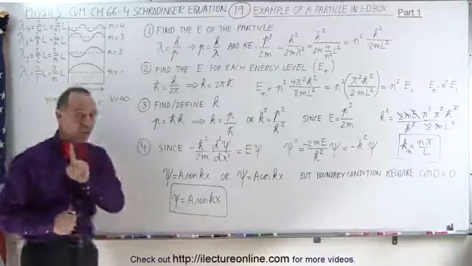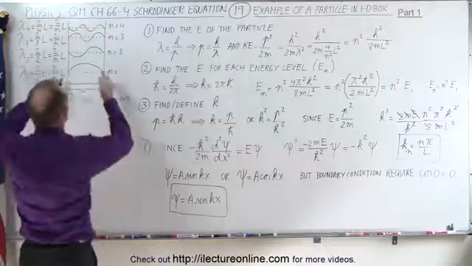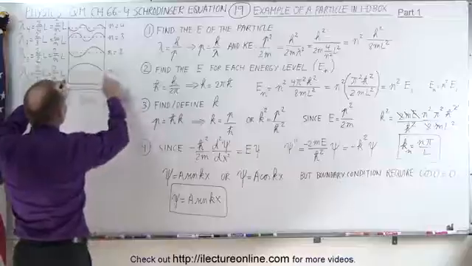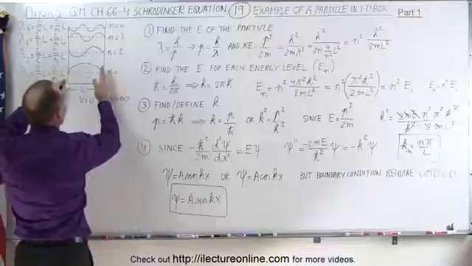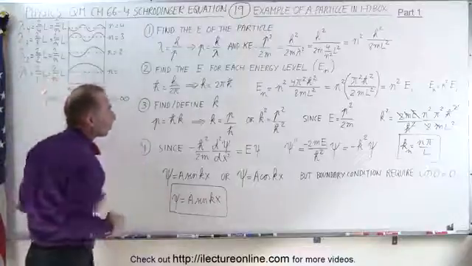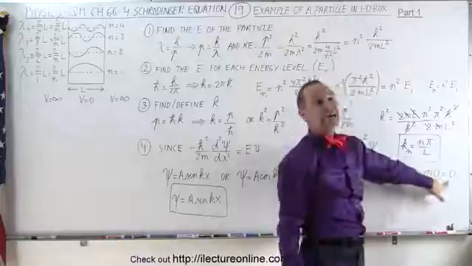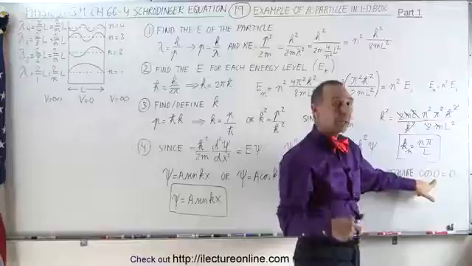But there's a problem with one of these two. Notice that it requires that the wave function equals 0 at the boundary conditions. In other words, if I plug in 0 for x or L for x, I should get 0 back in the wave equation. And the cosine of 0 is, of course, not equal to 0. It requires the wave function to be 0 when we plug in a 0.